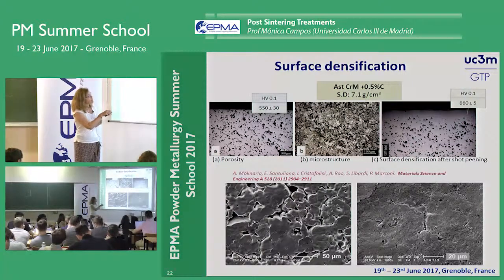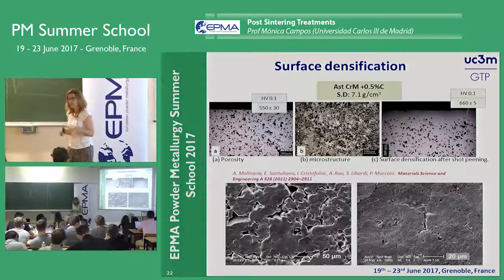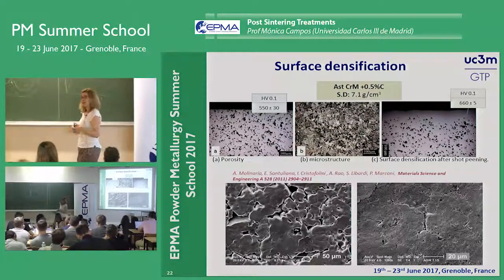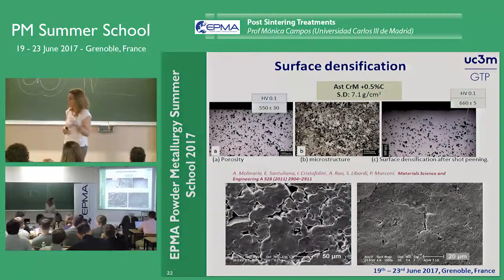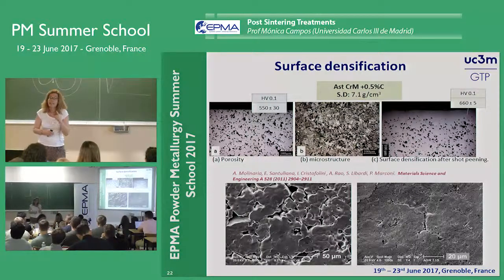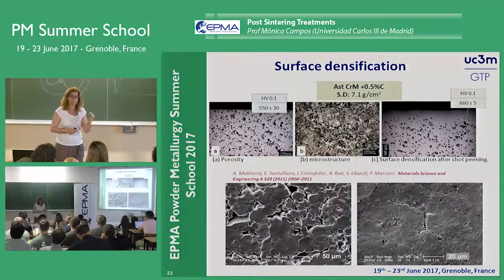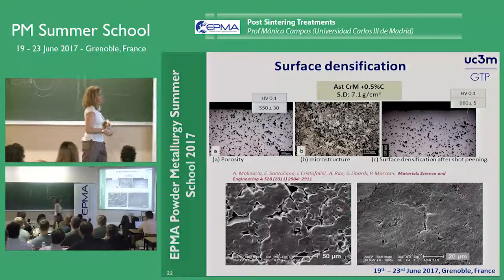And also it's more active because we increase the amount of defects, of dislocations. Then in case that we use this kind of material for performing a secondary chemical treatment, we need to take care about the time that we use for it, because it's more active than in other situations.